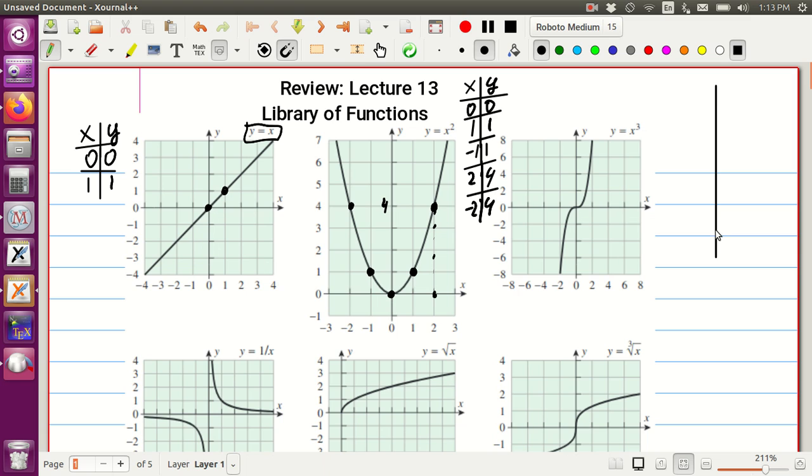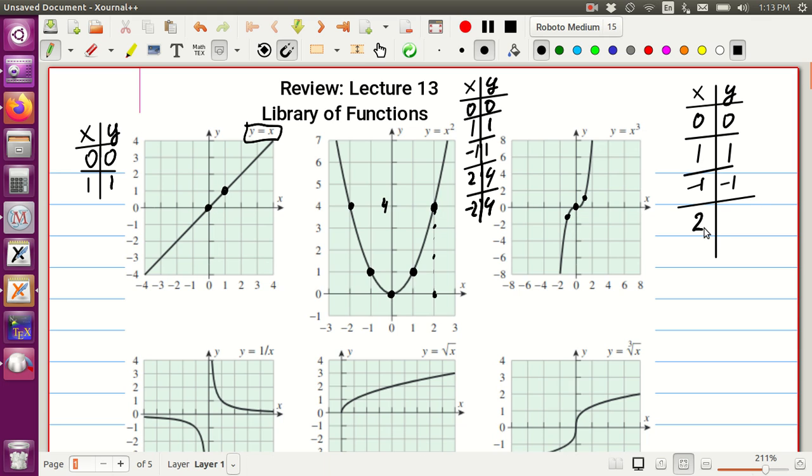So what about y equals x cubed? If we use 0, we get 0. If we use 1, 1 cubed is 1. It's probably not that easy to see on this picture, so somewhere over here probably. And negative 1 cubed is negative 1, so it's over here.